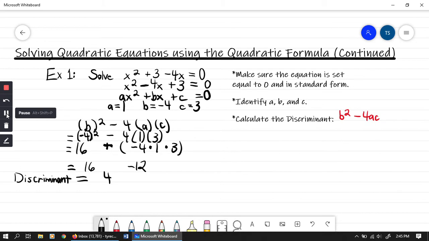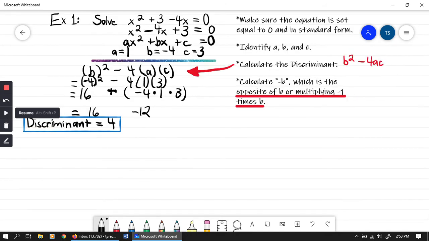And remember, we said that negative b is really the opposite of b. So when we're calculating that negative b, b is negative 4, and a lot of people might call this negative b.